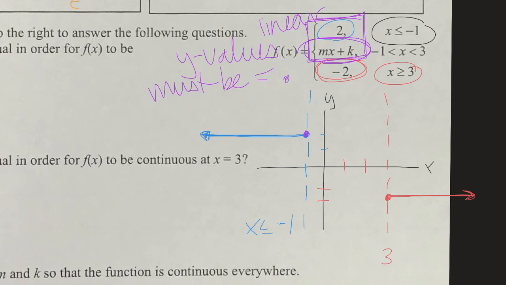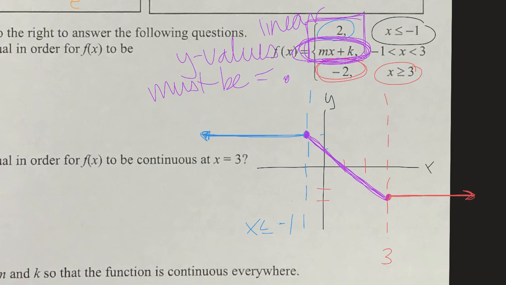If your graph is going to be continuous, the y values on your blue fence at -1 have to be the same, as well as the y values at your red fence over here. So if we're going to have a continuous function, and it has to be linear, mx plus k, that's a linear function, not a quadratic or some type of a cubic or anything like that.